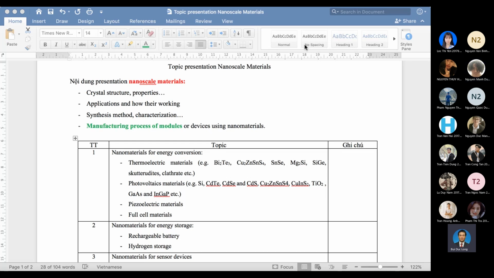You don't have to go into detail on the synthesis process. You just give a brief: what is this synthesis process, what is the advantage or disadvantage of the process. You don't have to show step by step how to do the synthesis for all the methods. Okay, thank you.